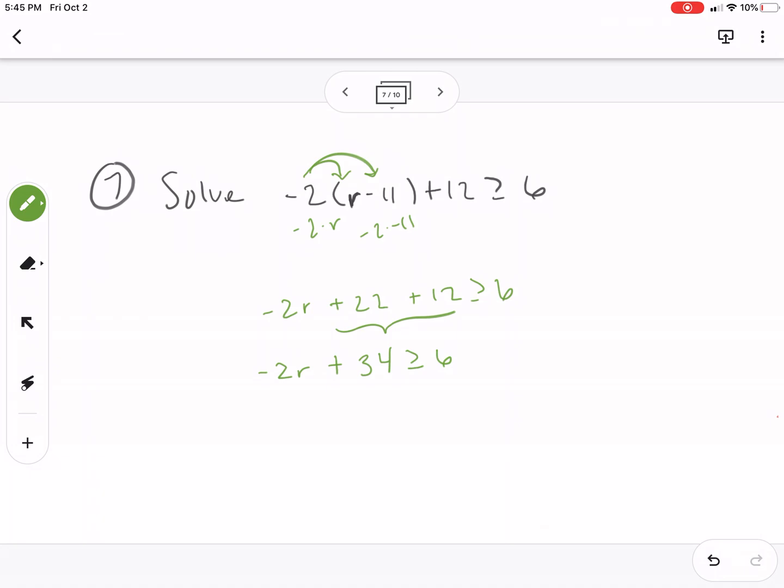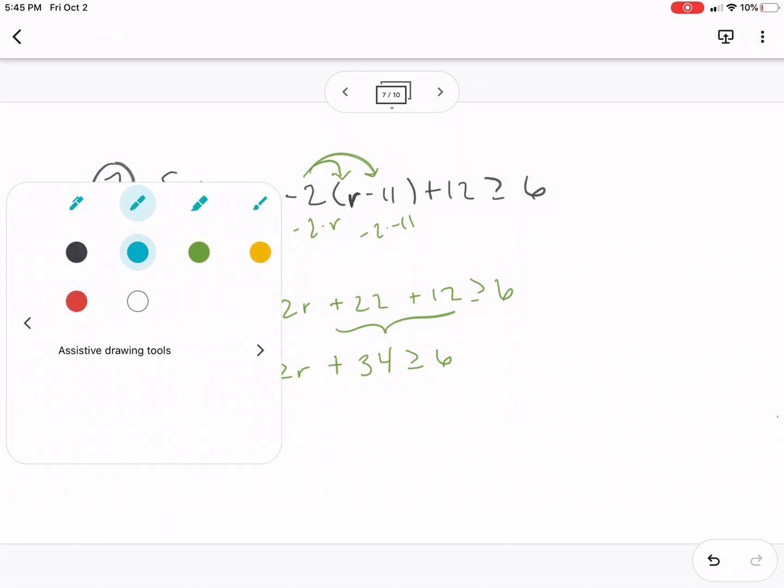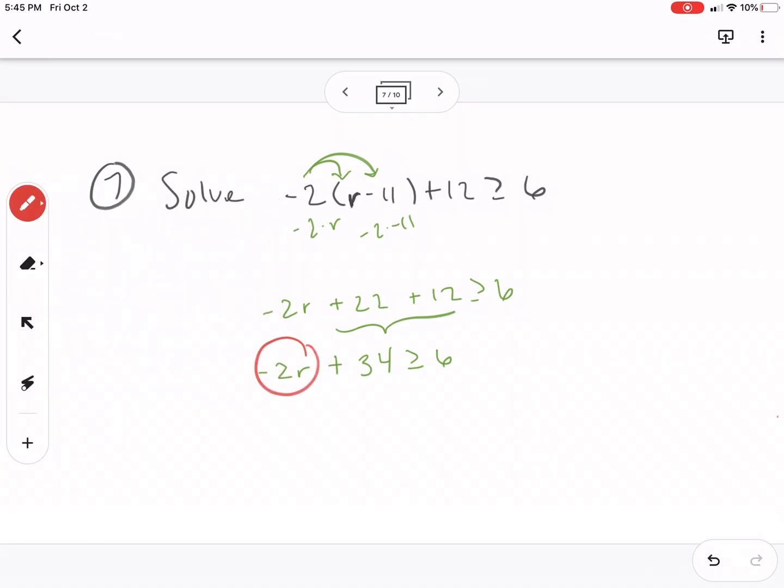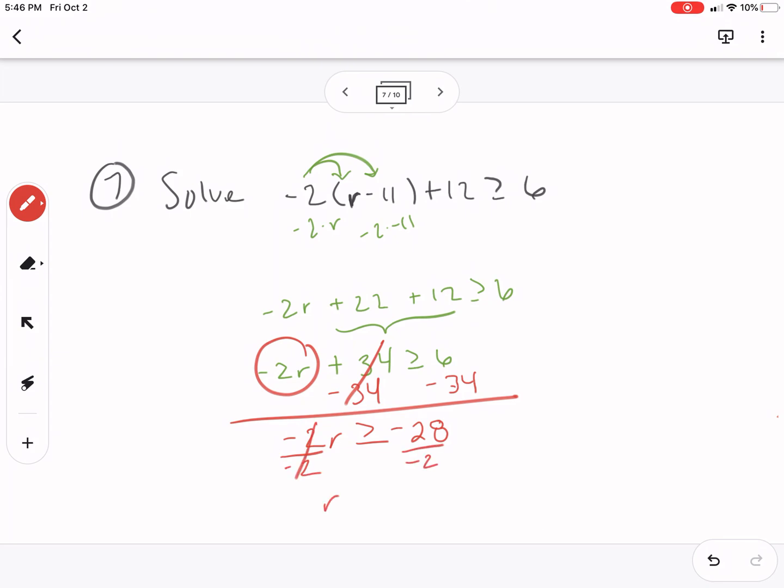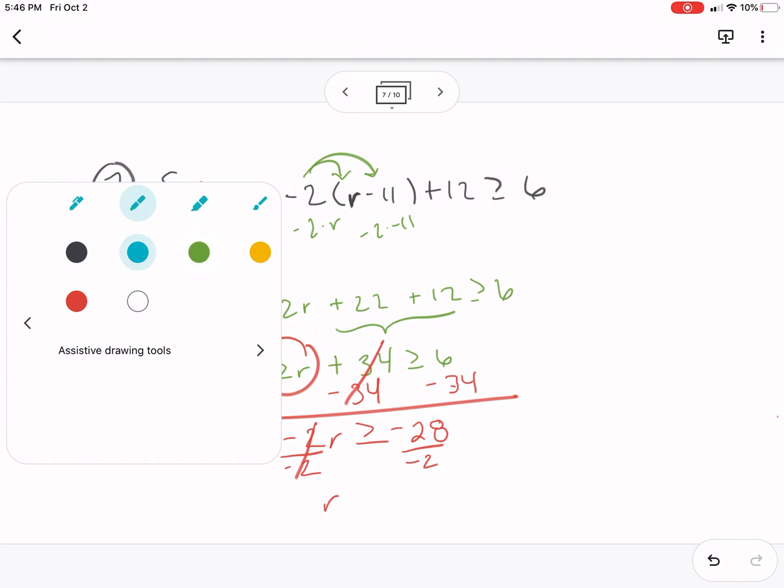Now I'm ready to start solving or moving stuff away from my r. Since these are stuck, I'm going to get rid of the 34 first. 6 minus 34 is negative 28. And now I can divide by negative 2. Remember, when you have inequalities, there's a rule.